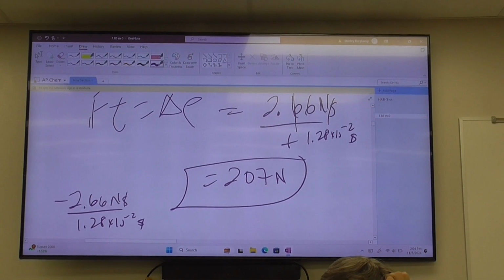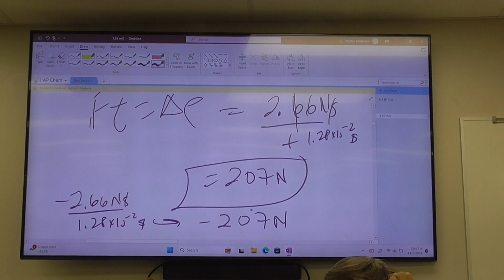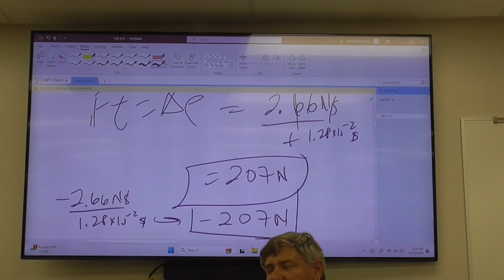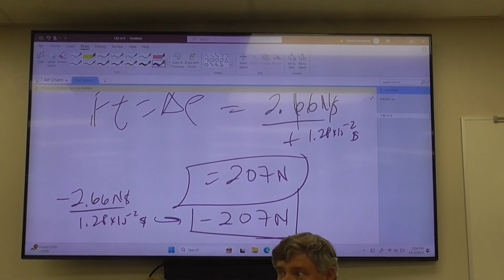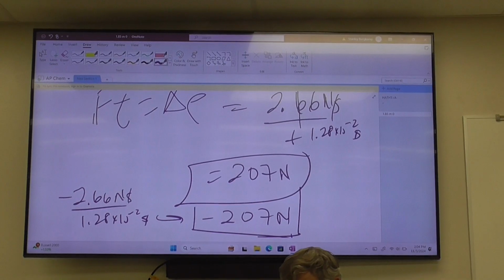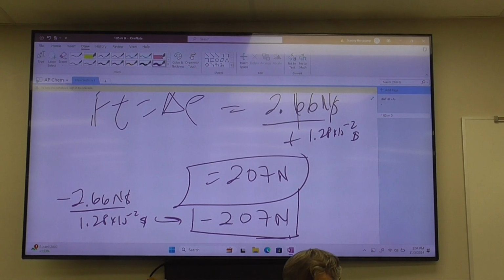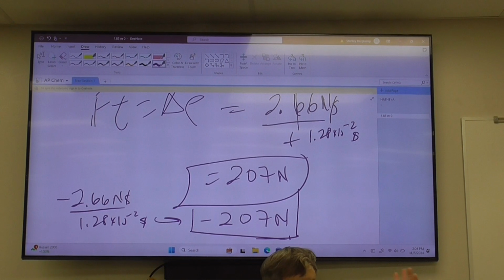And a miracle of miracles, I'm going to get negative 207 newtons, which verifies Newton's third law of motion. Because for every force there is an opposite force, right? So the ball can't push on the Earth more than the Earth pushes on the ball. Congratulations, we just verified Newton's third law.